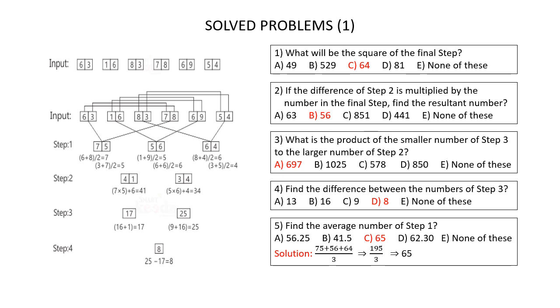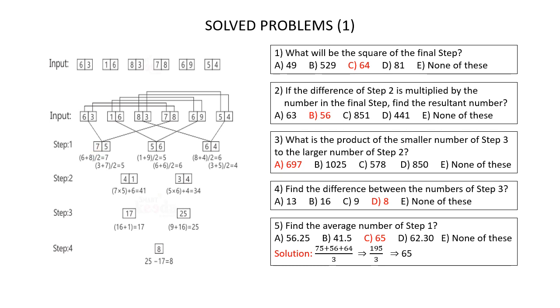Now, according to the pattern, we know that the first digit of this number is added to the second digit of this number, and the answer is divided by 2 to get the first digit of the first number of step 1.